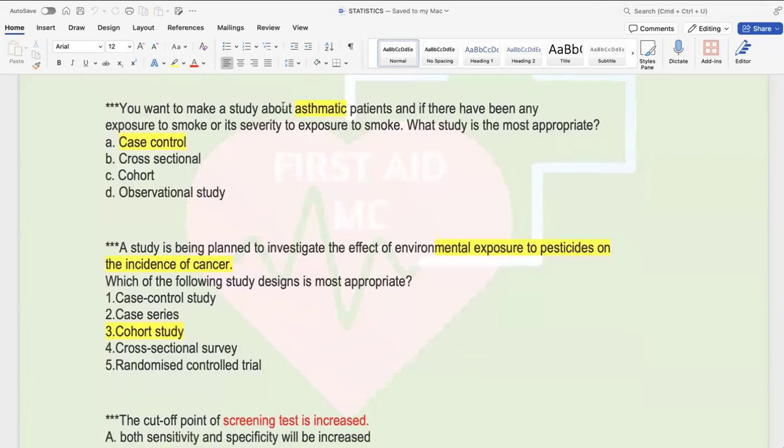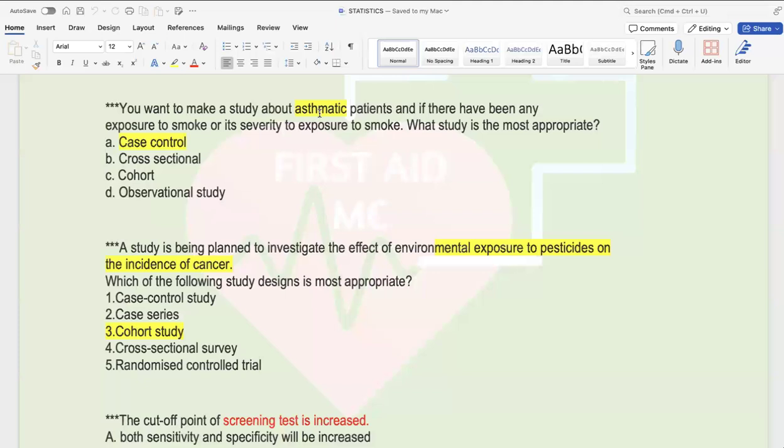Okay, so you want to make a study about asthmatic patients and whether there has been any exposure to smoke, or its severity of exposure to smoke. Which study is most appropriate? So they said you want to make a study about asthmatic patients. That means you already know the effect.